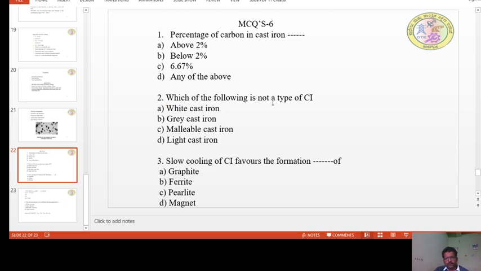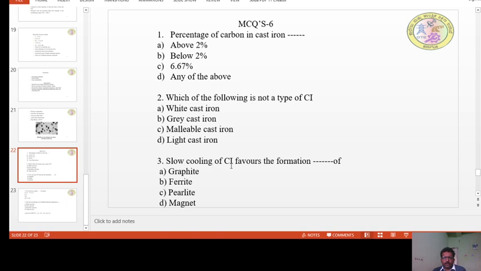Which of the following is not a type of cast iron? White cast iron, gray cast iron, malleable cast iron, and light cast iron. So light cast iron is not a type of cast iron, and hence D is the answer. The slow cooling of cast iron favors the formation of dash.